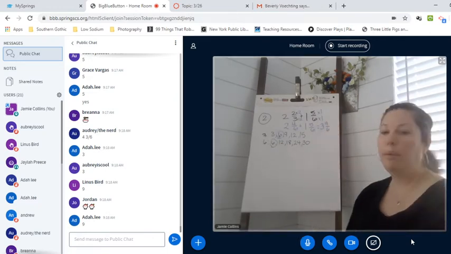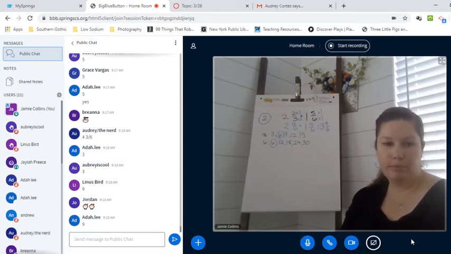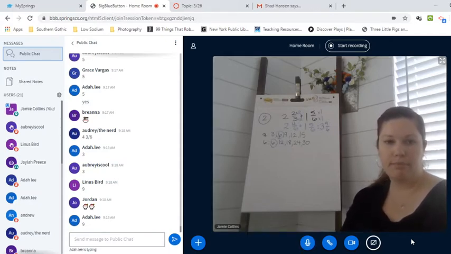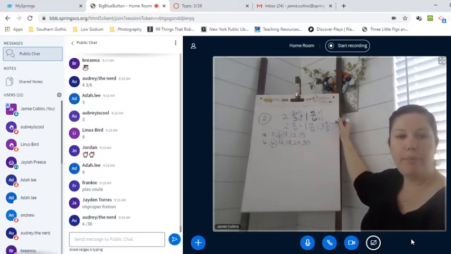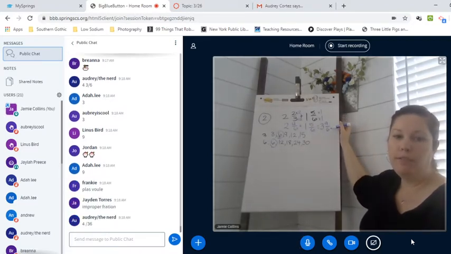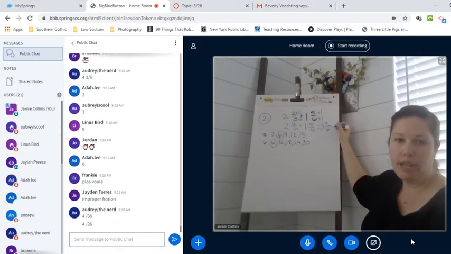And then my denominator stays the same, so 3 and 9/6. Okay, what's wrong with this answer? Improper fraction. Yep, it's an improper fraction because my numerator has a higher number than my denominator. Perfect. So we need to change this so that we can make it a proper fraction, or what we call a mixed number when we have whole numbers in there.